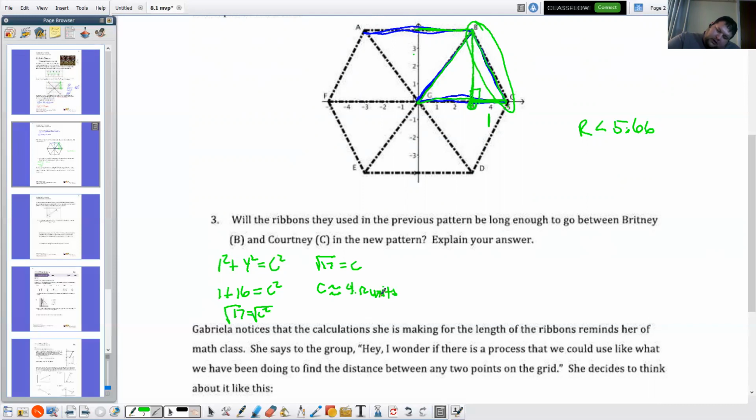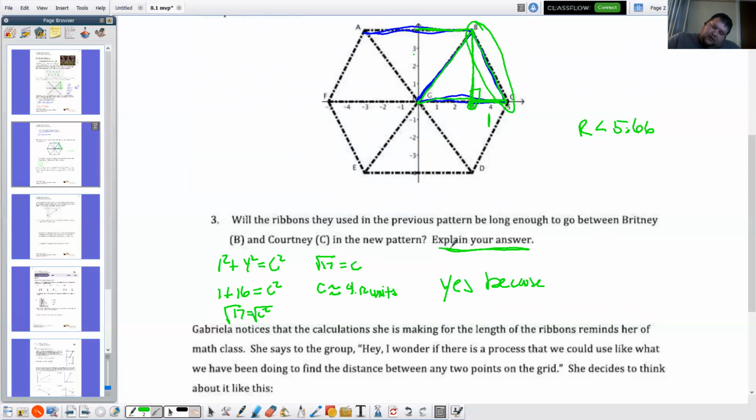So can we take this ribbon here and use it to come across there? Absolutely. Yes, because, okay, this is very important. You have to explain your answer.